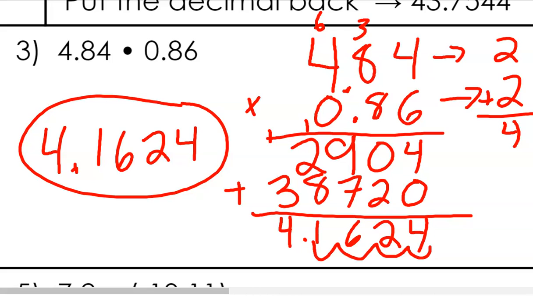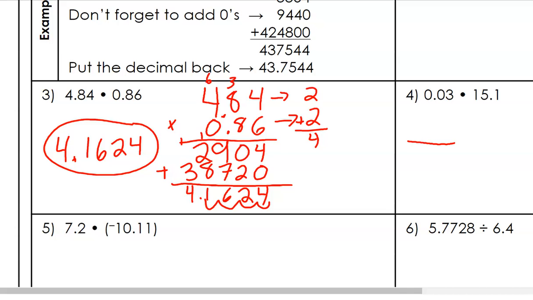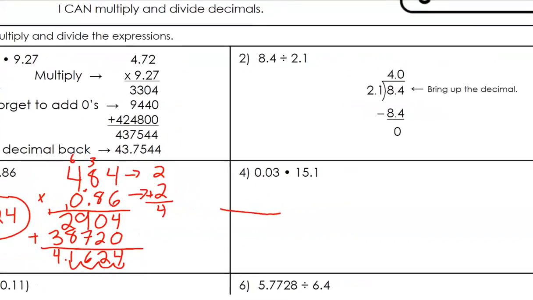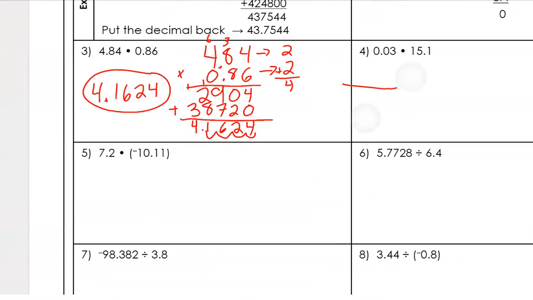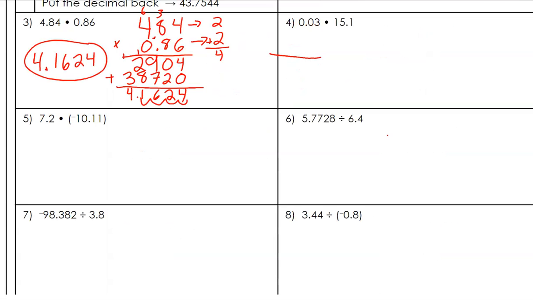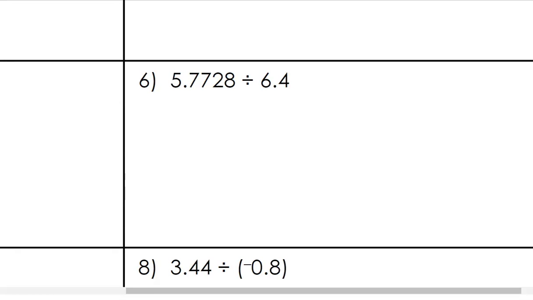All right, so now let's look at the division. Let's look at division. Let's see, where is the division one at? Oh, there's one. Okay, so let's do this one. Let's divide.